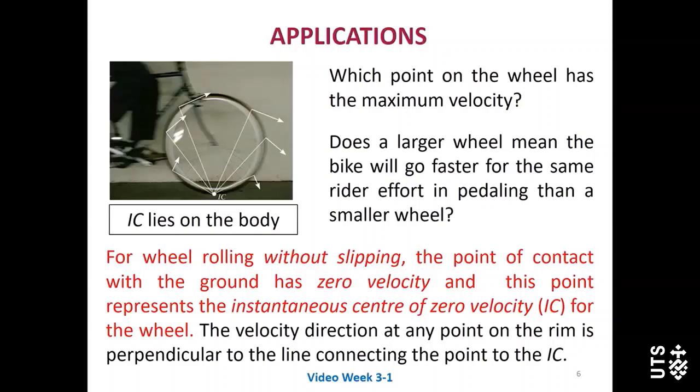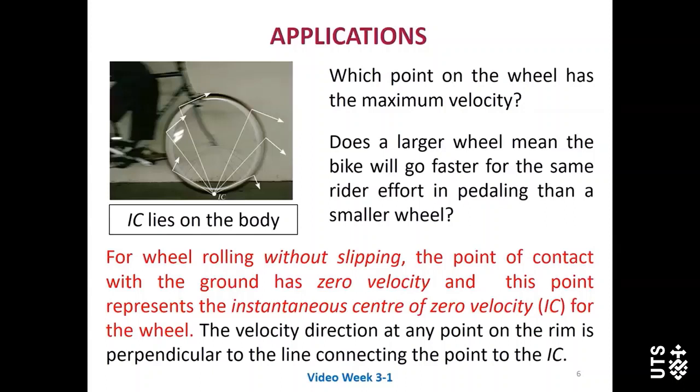Why? Because we assume no slipping. At this contact point on the wheel, if its velocity is not 0, then there will be a difference between the velocity of the contact point on this wheel and the point on the ground.